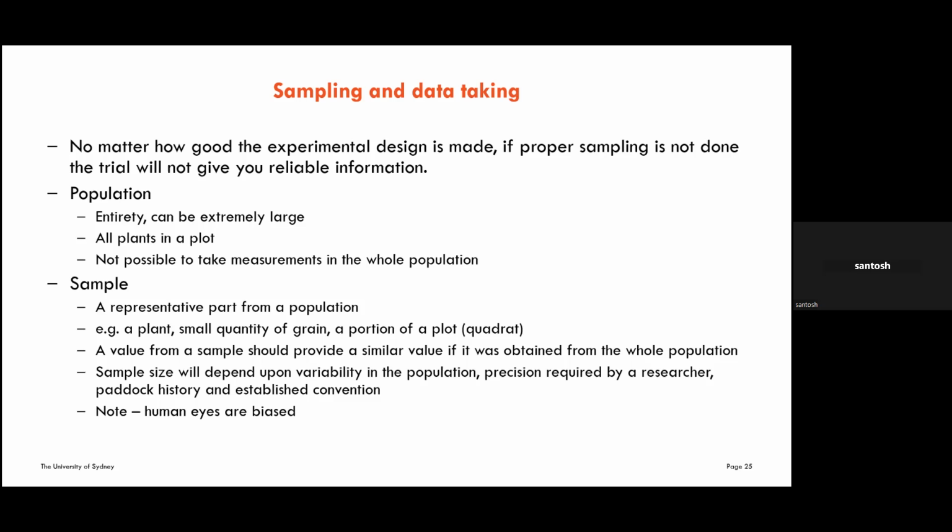You have 100 lines and you want to see the plant height for all those 100 lines. So you go into the plot, and is it possible to measure all the plants in a plot? Obviously not. So what do you have to do? You have to take samples.